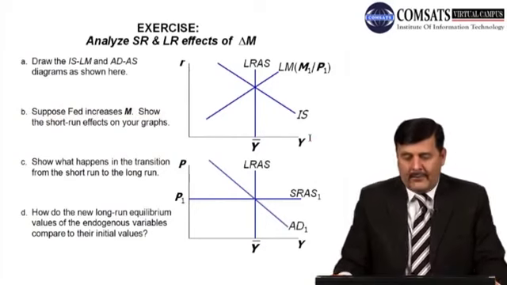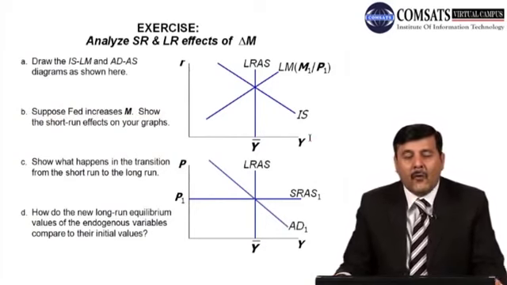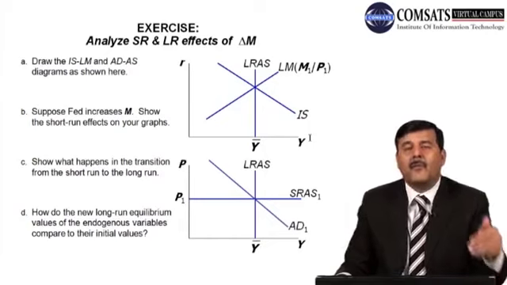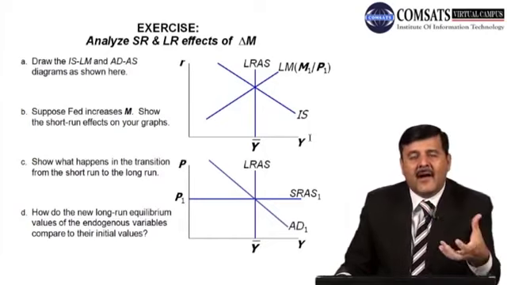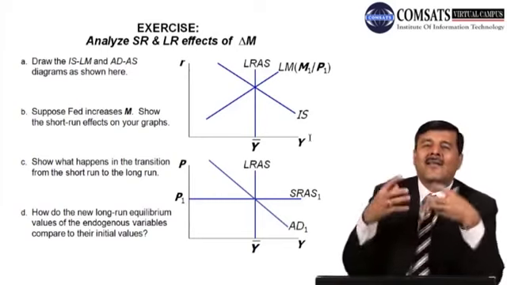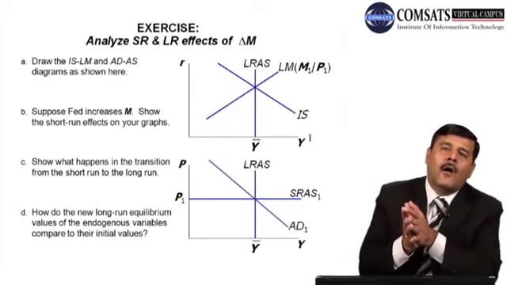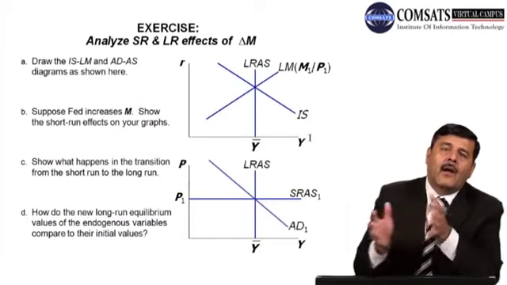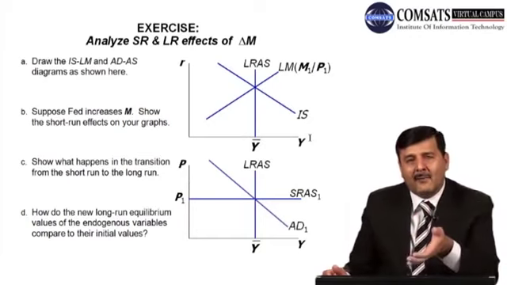Now here is an exercise for you, a question to practice at home. Analyze the short run and long run effects of delta M. What I have just explained to you, I taught you how, if there is a negative or positive IS shock, the economy moves from the short run to the long run equilibrium by flexible prices.